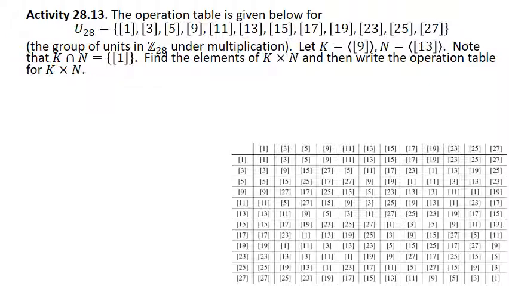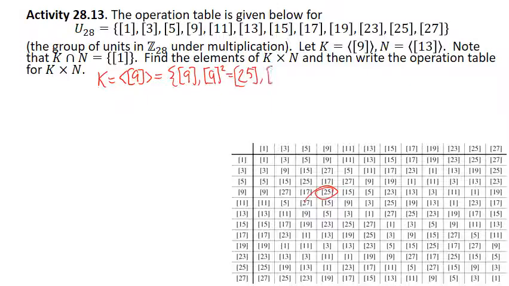The elements in K are going to be the following. This is generated by 9, so it's going to be all of the integer powers of 9. First there's 9, and then 9 squared. You can check in the table down below, it's right here: it's 25.